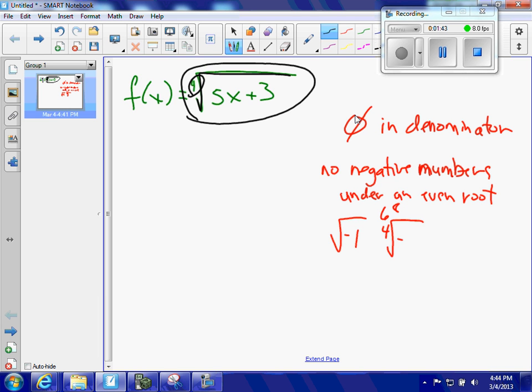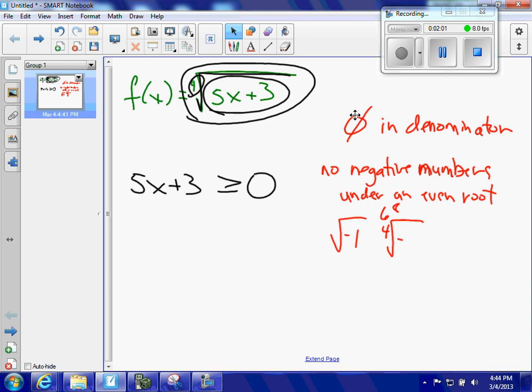So I can set 5x plus 3, which is what is underneath my radical sign, as greater than or equal to 0. That is telling me that this thing right here underneath my radical sign has to be 0 or a positive number. Now it's a simple inequality. I'm going to subtract 3 from both sides, and I have 5x greater than or equal to -3.